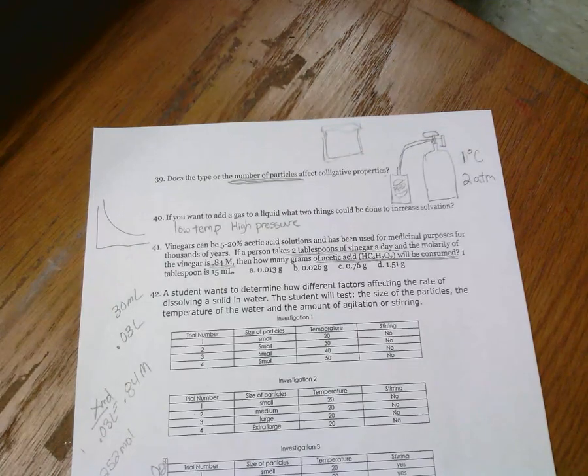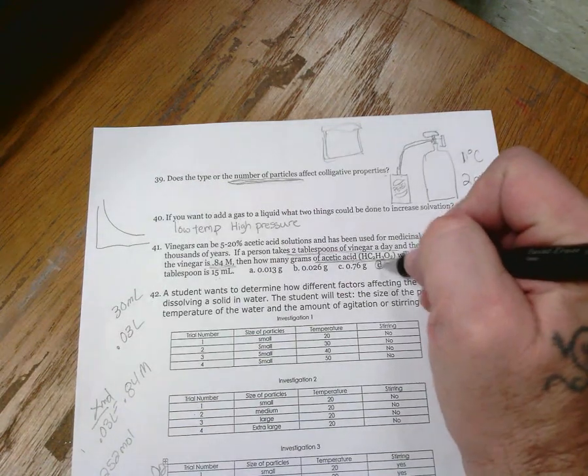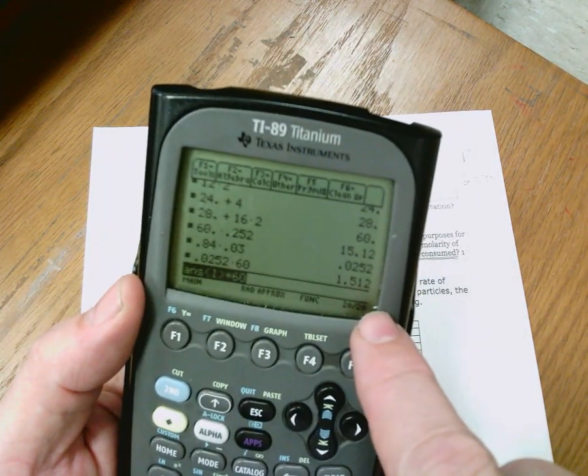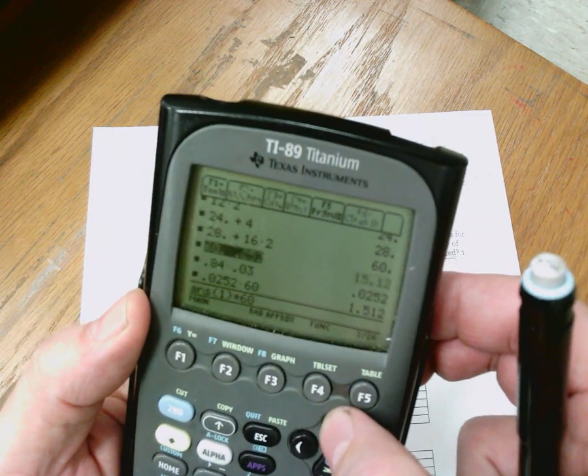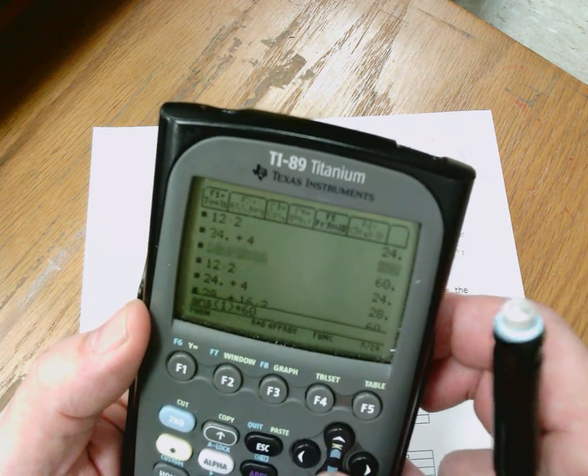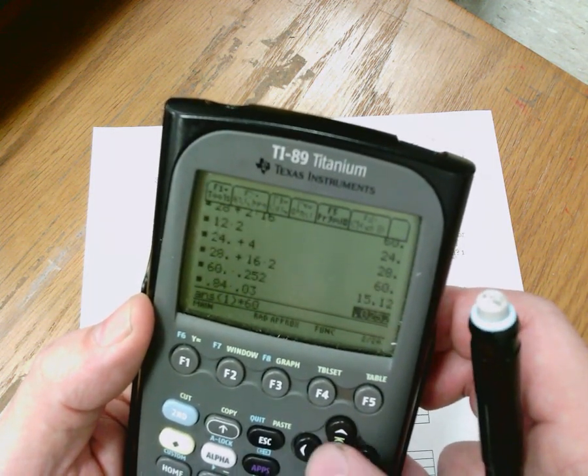Let's see. 0.84 molar, I see that's right. Oh, I see what I've done. My 0.03, I entered 0.3, so I'm off by a decimal place. Times 60 equals 1.512. Here's my answer, 1.512. Somewhere up here, instead of multiplying times 0.03, wherever I did that, I did it incorrectly.